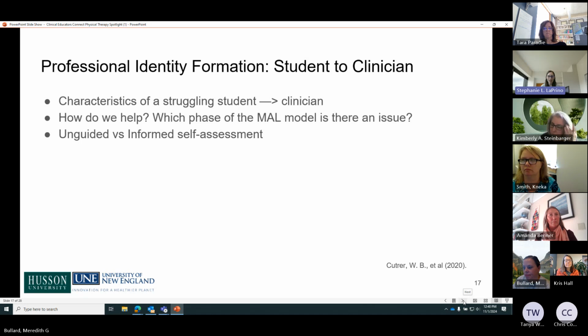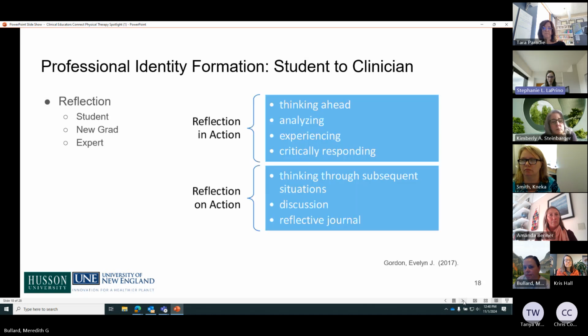And the next point, unguided versus informed self-assessment. That was brought up a little bit earlier. If it's unguided, it's when the student makes a judgment on their performance without examining external factors and external information about that performance. So generally, they're just taking what they're feeling, what they're seeing, and that's the feedback they're running with for their self-assessment.